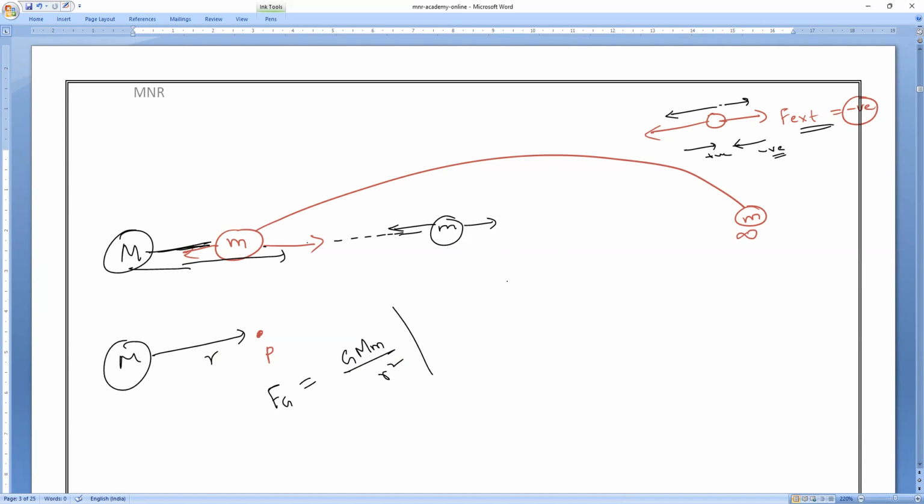So this is F external and this is the force of attraction, Fg. Now, if this body reaches this point, what is the work done to carry it from infinity to that particular point? That is the question.